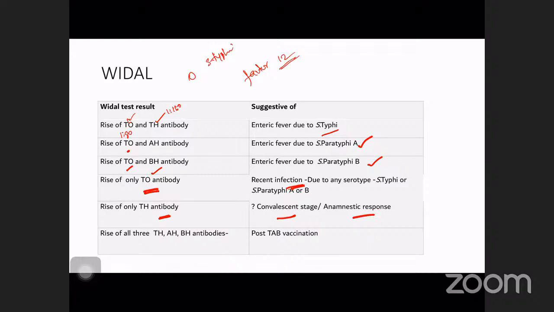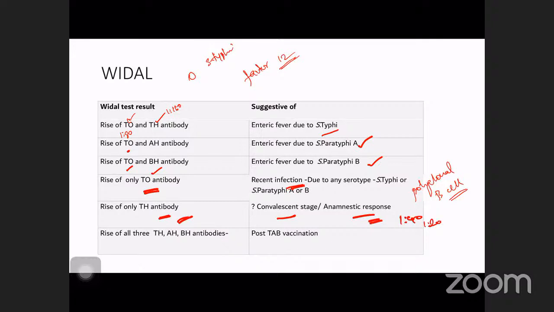So the patient had typhoid in the past, and now has malaria, and at that time, because of polyclonal B cell activation, some antibodies will be produced, and these antibodies will cross-react to produce a positive titer for TH antibody. At that time, we call this an anamnestic response. This anamnestic response will always be 1 in 40 or 1 in 20. It will never be a significant titer.